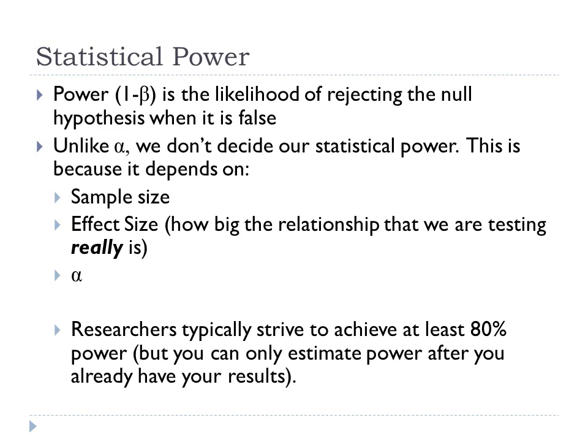So this is just something to know, just to be informed. Researchers typically strive to achieve at least 80% power, right? They want to reject the null hypothesis when they should reject it about 80% of the time. But you really can only estimate your statistical power after you've conducted a test, after you can estimate the effect size, and you can really only then estimate your power for another test of the same hypothesis based on the sample size and the alpha value.